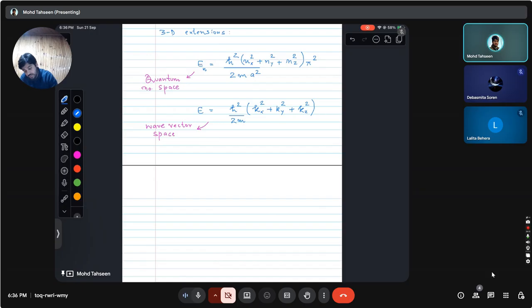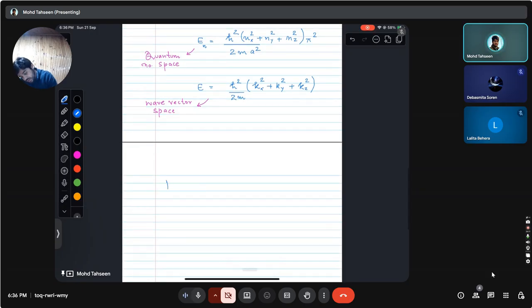Okay, so for a given value of energy, this energy cannot be arbitrary. This energy has to be one of the allowed energies for the system. It cannot be an arbitrary energy.